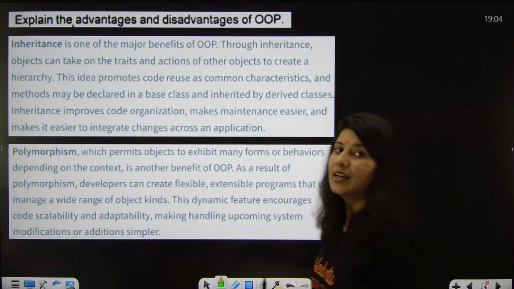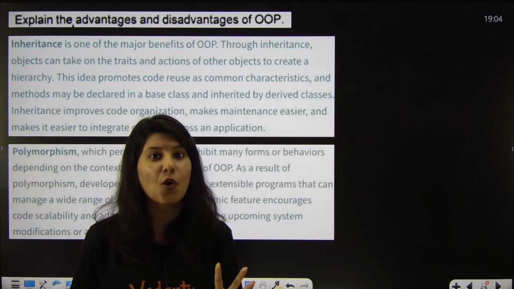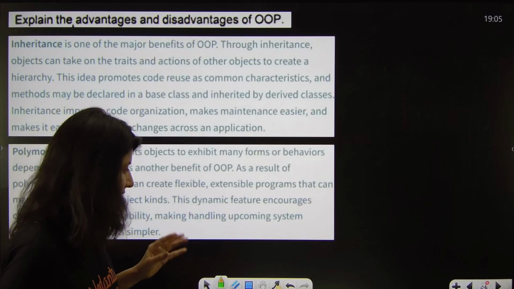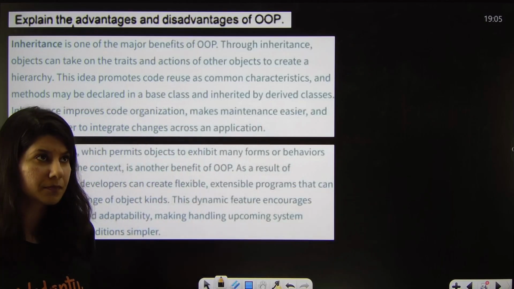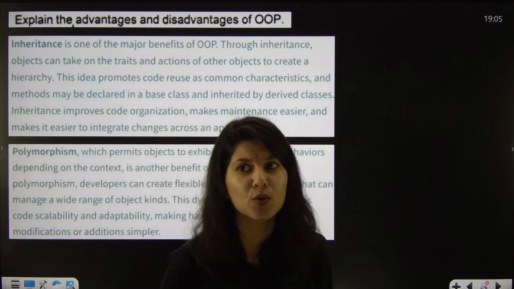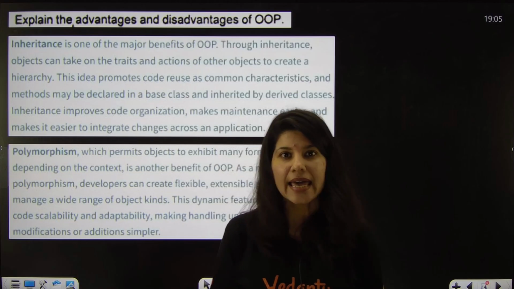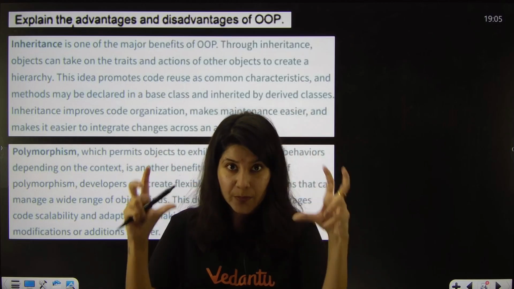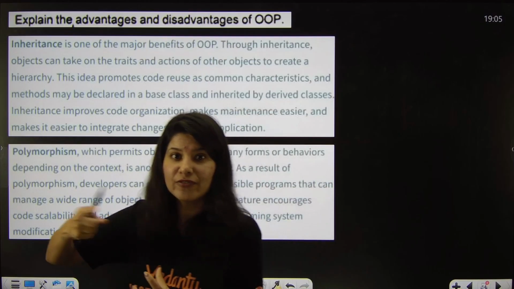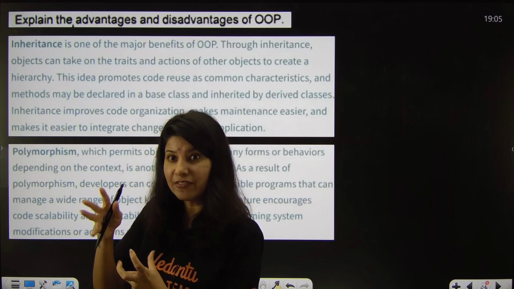So first of all, let us understand the very important benefit of object-oriented programming. Suppose you have written a program using procedural oriented programming, and now that piece of code, you have to use it in multiple, different ways.